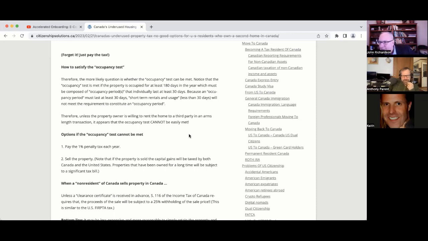They have no right to live in Canada anyway. So it's very difficult to see how that could qualify as a primary residence. In other words, I live primarily in a country I'm not allowed to live in permanently, while at the same time having my home in Buffalo or Youngstown, New York. So they're not going to be able to sneak in under the primary residence exemption.